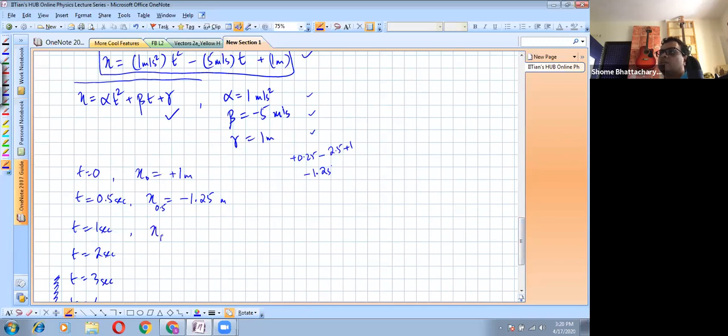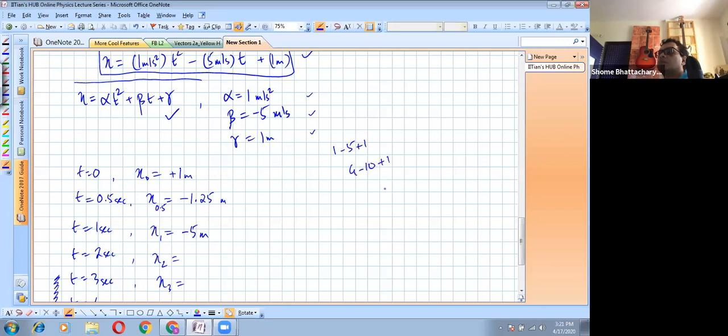So x at t equal to 1, how much is that? x at t equal to 2, how much is that? x at t equal to 3 seconds, how much is that? And again below, x at t equal to 4. So just substitute the values of time. I'm just doing the calculation on the side over here. You can do it. So for example, at 1, you can see it is becoming 1 minus 5 plus 1. Then at 2, it is becoming 4 minus 10 plus 1.